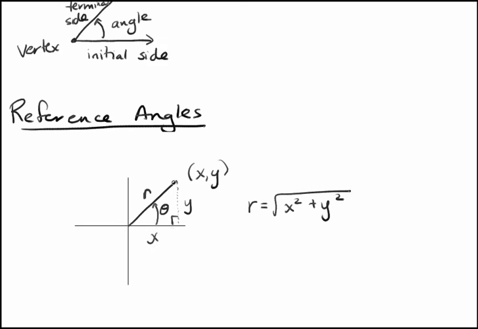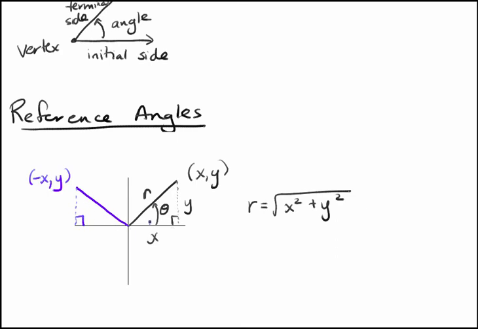If we were to reflect this terminal arm in the y-axis, we would end up with a new terminal arm, and specifically a new point on it. The x value is going to be negative, but the y value will stay the same. So our new point on the terminal arm would be (negative x, y). Again, we could draw our right angle triangle here.